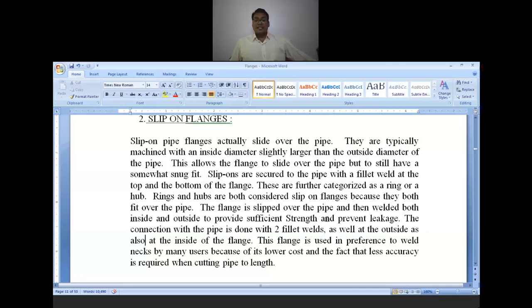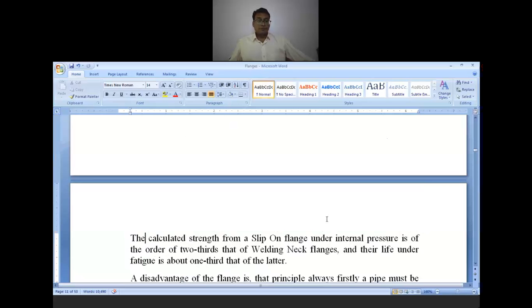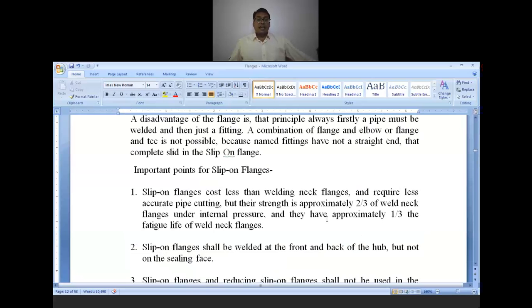These are further categorized as the ring or hub. Rings and hubs are both considered slip-on flanges because they fit over the pipe. Slip-on flanges are slightly less costly than the welded neck flanges. These flanges require less accurate pipe cutting.